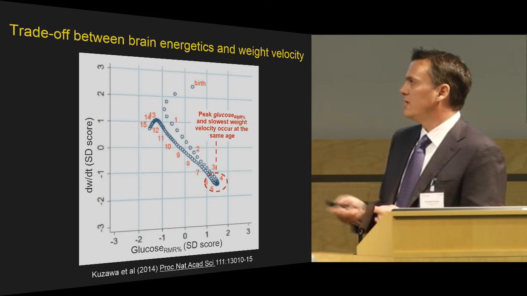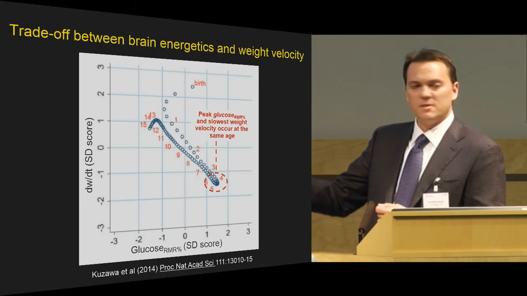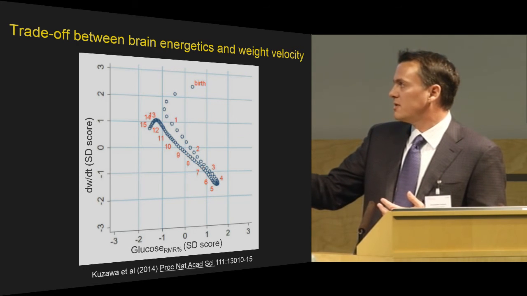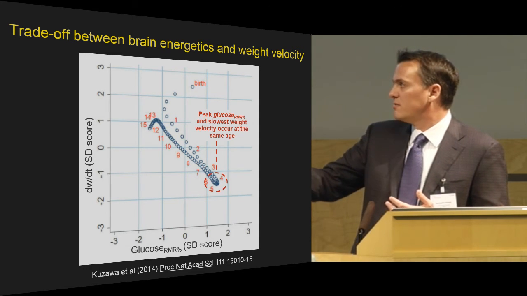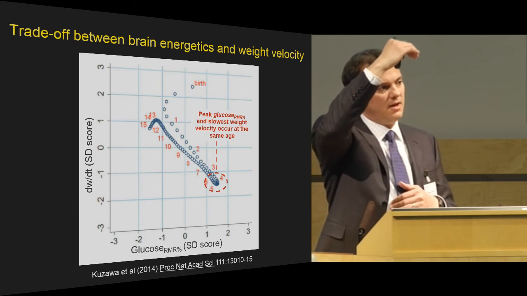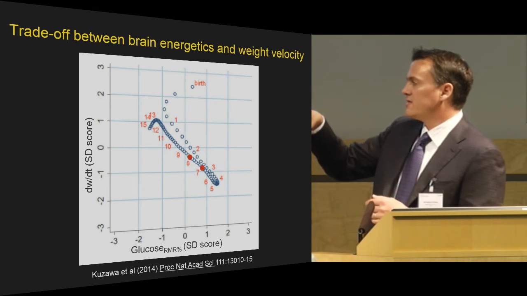Here you get to this point, and this is the point where the brain is at its maximum in terms of dominating the body's energy budget. It's the rightmost point, and it's also the lowest growth velocity. So this is the point where the peak in brain energetics coincides with the trough in weight gain, and on the other side, we reverse this.